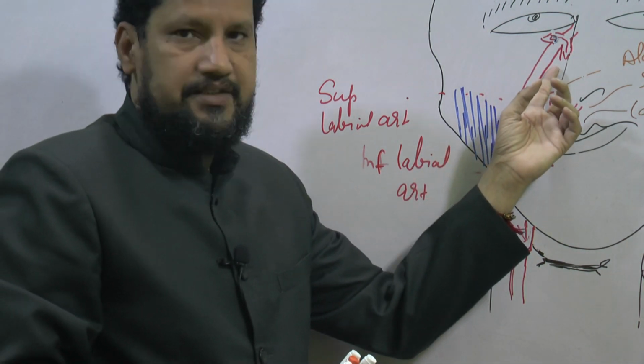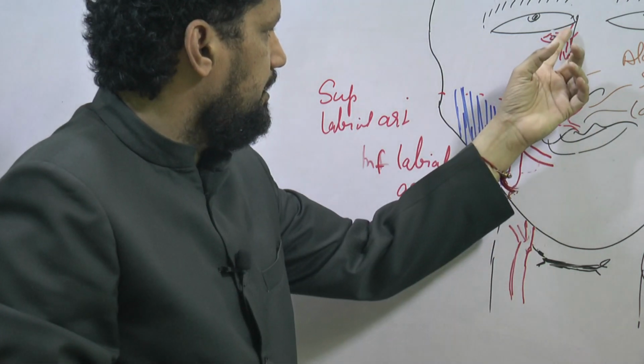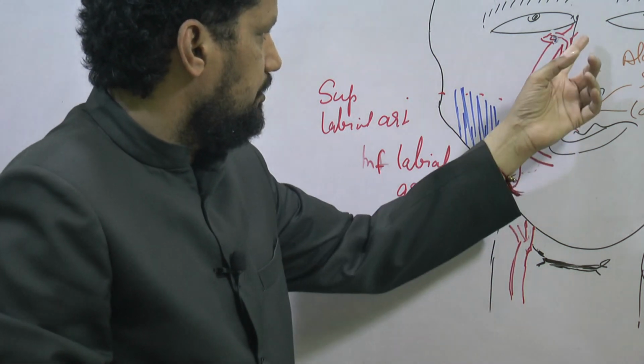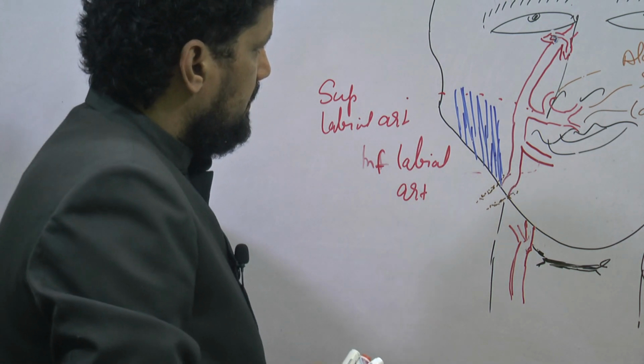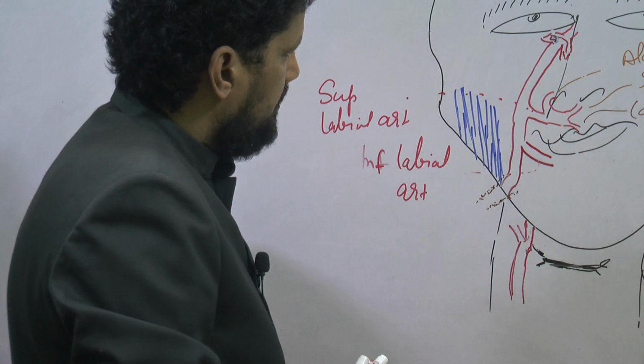So this is the termination of the facial artery near the angle of the eye and the root of the nose, terminating after anastomosing with the dorsal nasal branch of the ophthalmic artery.